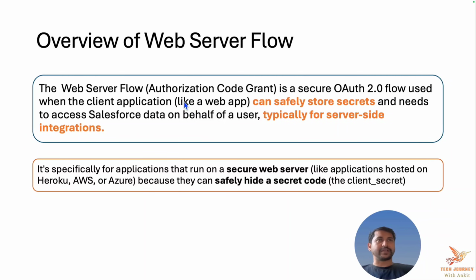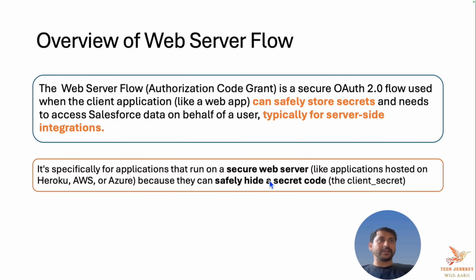So the key requisite for the authorization code flow is that the client application can safely store the secret. Now, it is typically used by the applications that run on a secure web server. Secure web server means like an AWS server, Azure server, Heroku server. If your applications are running on a secure web server, where they can hide the secret code, or securely store that secret code, then and only then you should go for the authorization code grant.